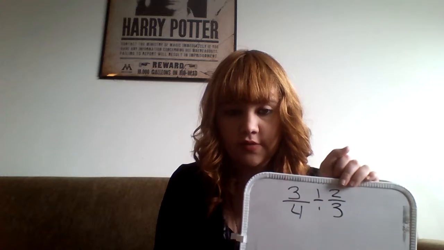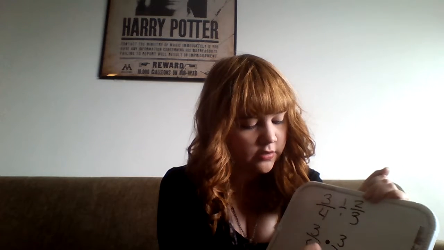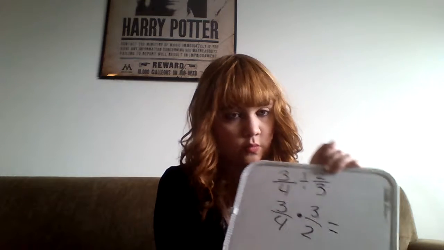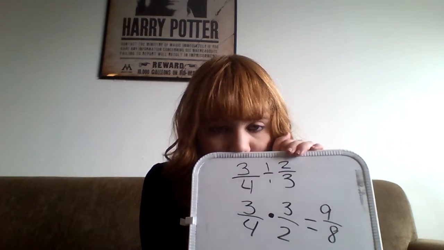Now, to divide fractions, you keep your original number, you change the sign, and you flip the second fraction, which gave us 9/8. 3 times 3 is 9, and 4 times 2 is 8.